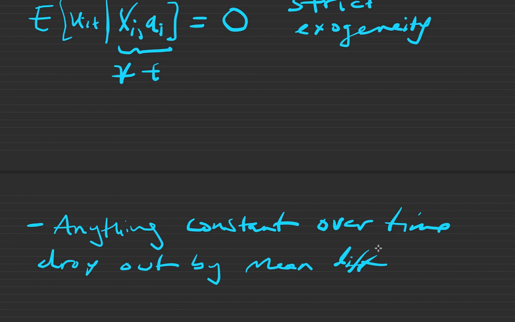If there's no variation over time, then there's no variation with which to identify the coefficient.